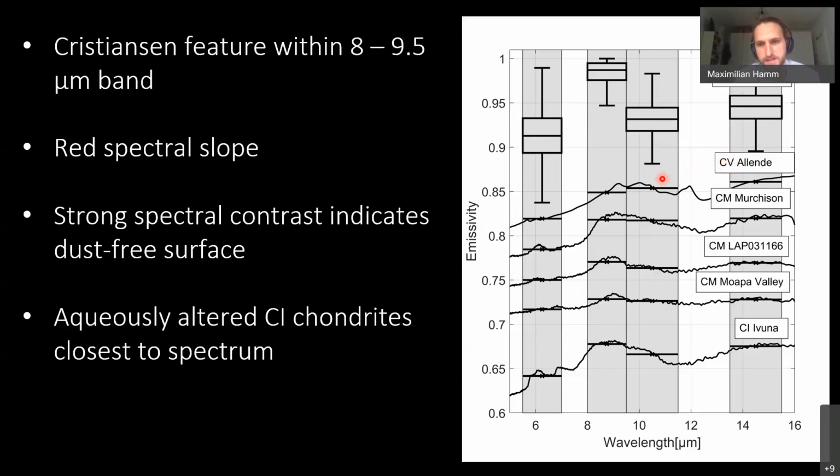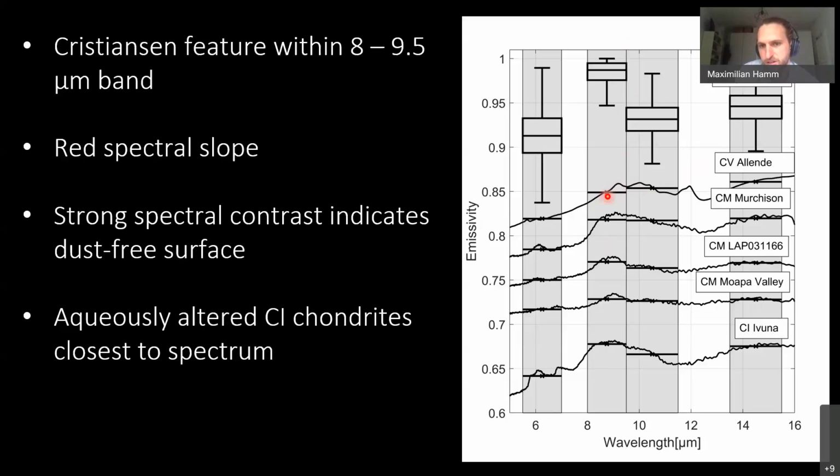You can see that in that region they vary quite a bit among each other. So we have, for example, this meteorite here, which is called CV Allende. It is a thermally altered meteorite, and you can see that, for example, here these two bands are switched. So the maximum is in the next band.